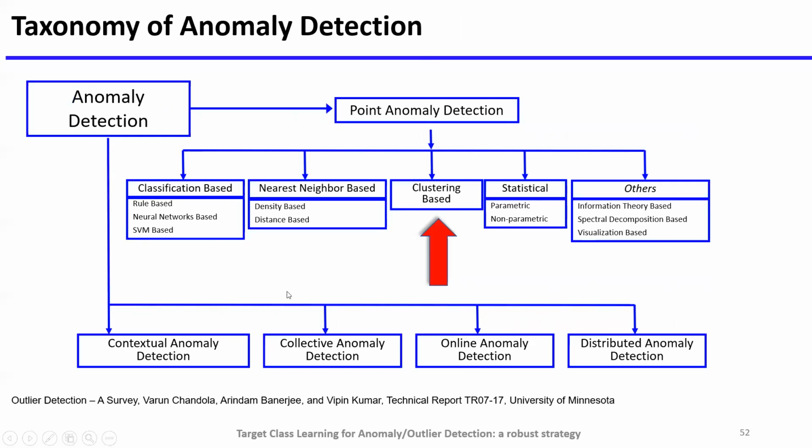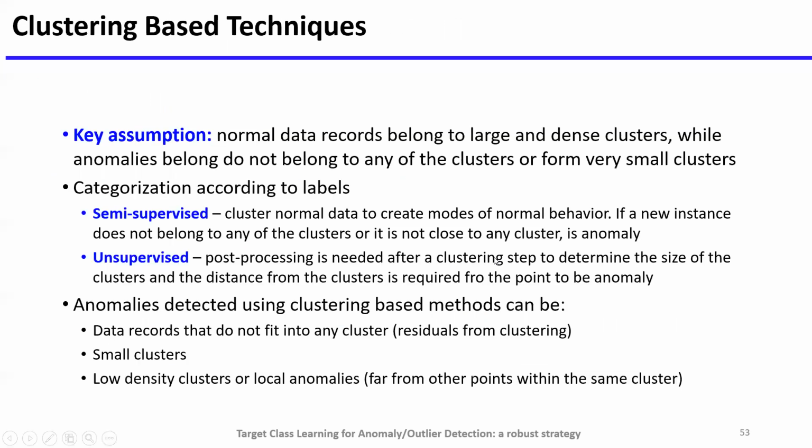Okay, so the third kind of anomaly detection technique under point anomaly is clustering based. We have understood that it is a kind of unsupervised approach, but it can also support some semi-supervised scenarios.